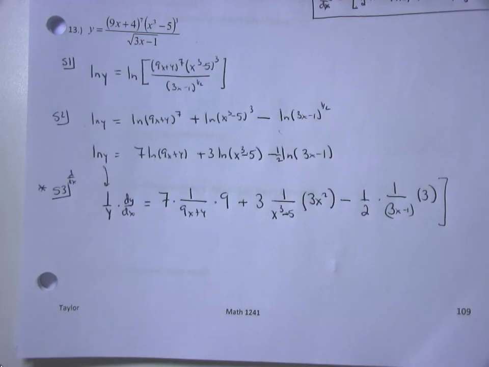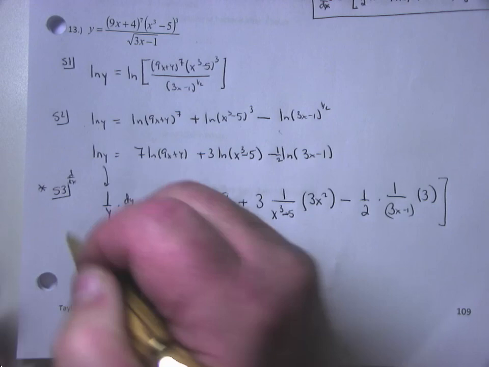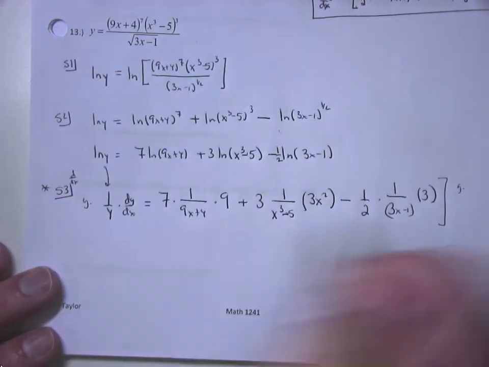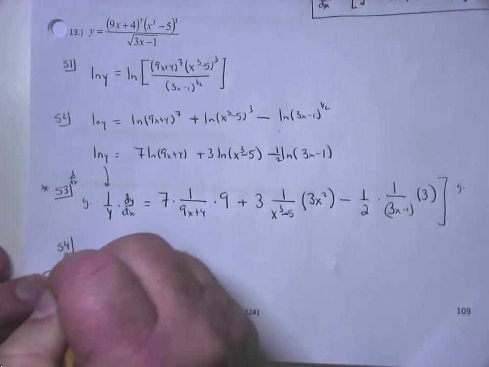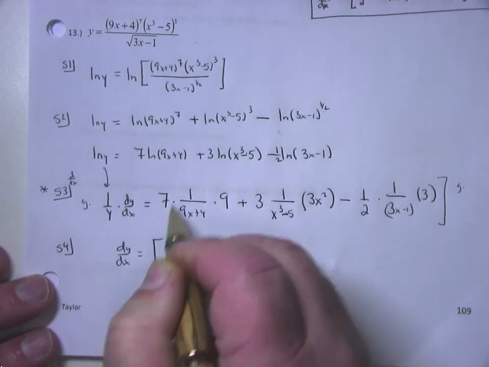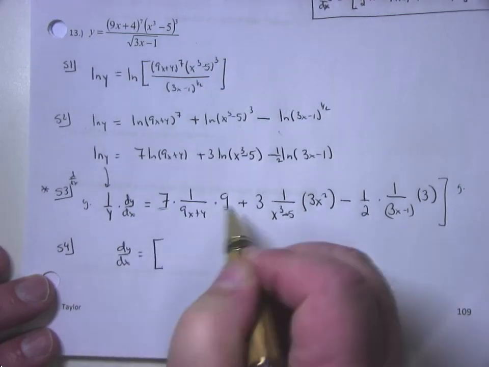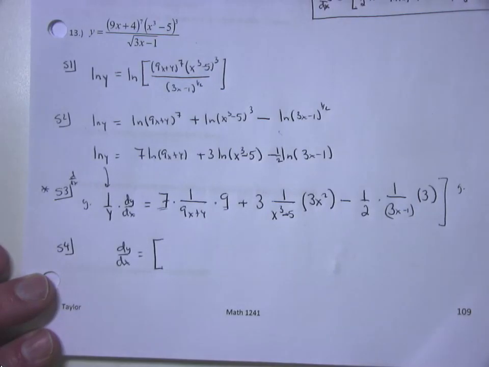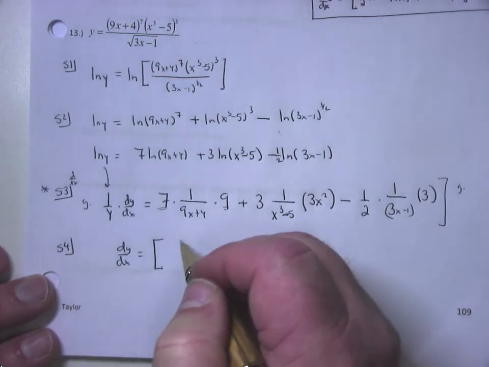Of course, I'm going to clean this guy up to get that back of the book look to it. But I'm going to go ahead and solve for dy over dx. So multiply by y on both sides. So this is your step 4. And I get dy over dx is equal to bracket. And I'm going to go ahead and clean it up. What is 7 times 9? 63.